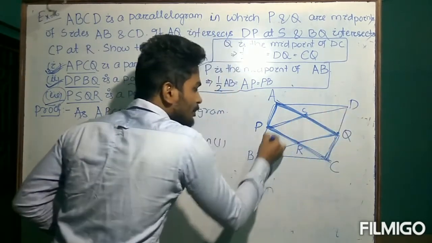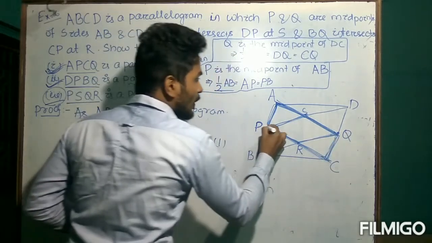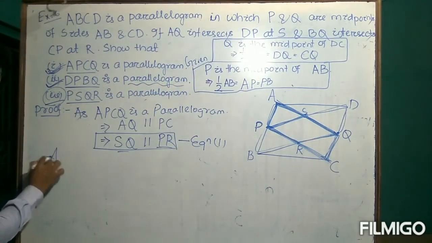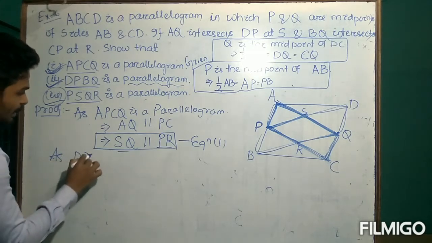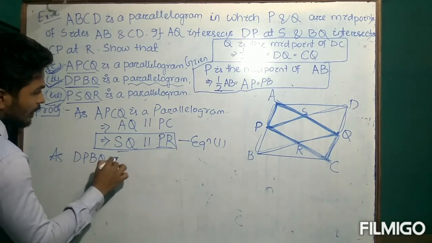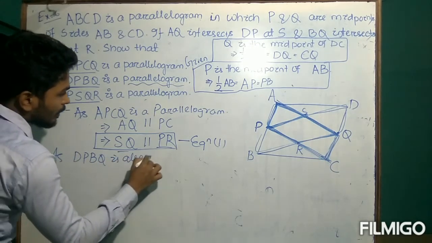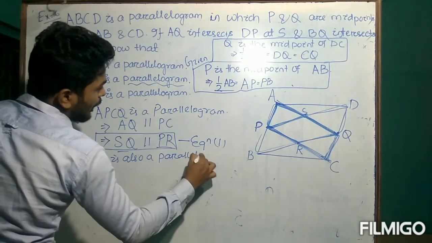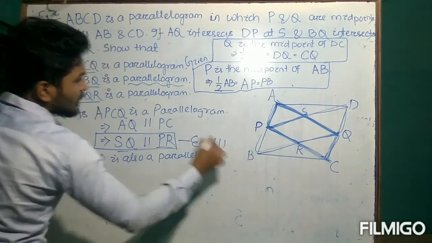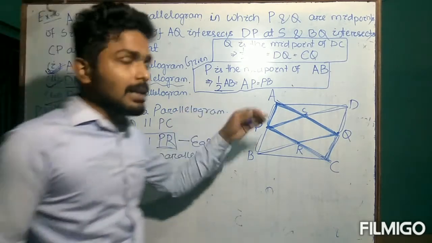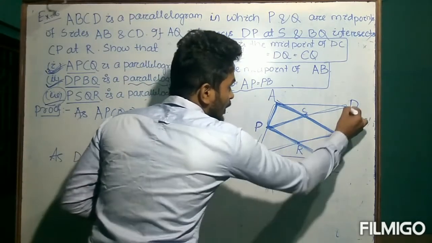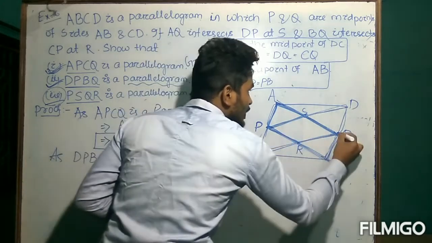This quadrilateral DPBQ is also a parallelogram. So here also you can write their pair of opposite sides are parallel, for the parallelogram DPBQ.